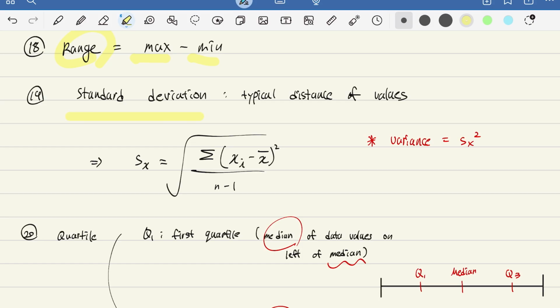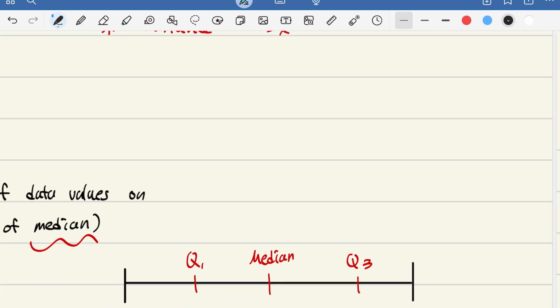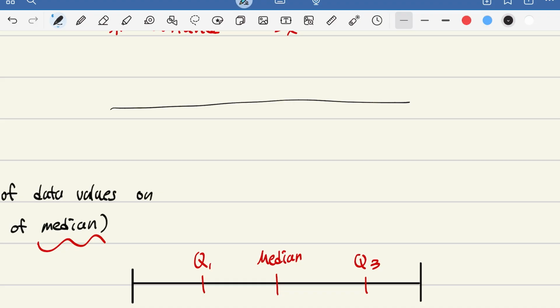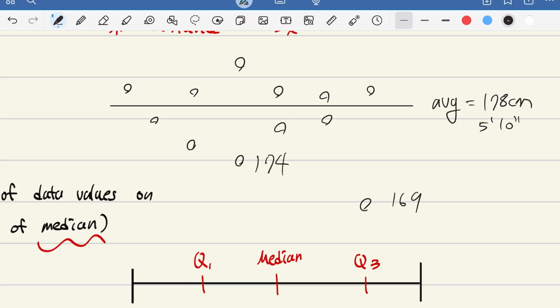And the next thing is the standard deviation. Standard deviation is the typical distance of values from the mean. To represent this as a drawing, let's say this is the average height, something like 178 centimeters, or we often say 5'10". There are people with heights like 169, 174, and so on.